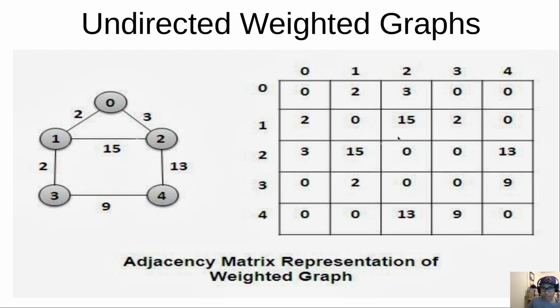Okay, 1 to 2, 15. 2 to 4, 13. 3 to 4, 9. You get the pattern. So if you have an unweighted graph with 1s and 0s and you want to make it weighted, just replace them with the weighted value numbers.